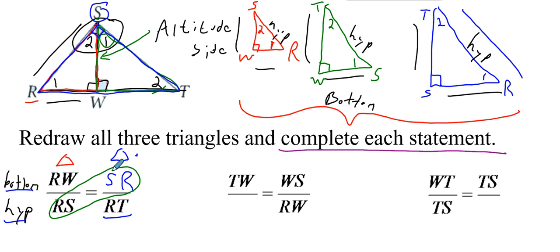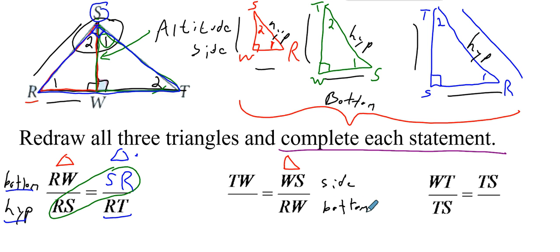Let's do this again. I look for the triangle with the sides I know, WS and RW, coming from my red triangle. WS is the side of the red triangle, and RW is the bottom.